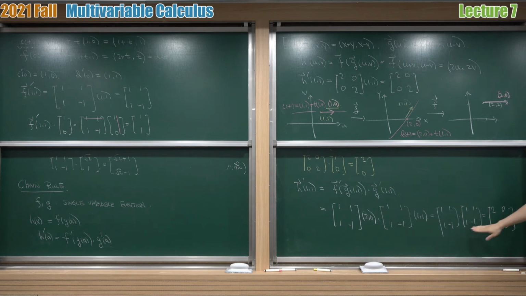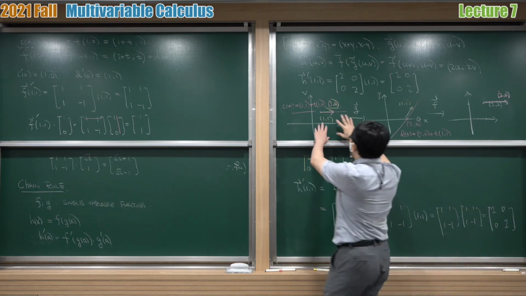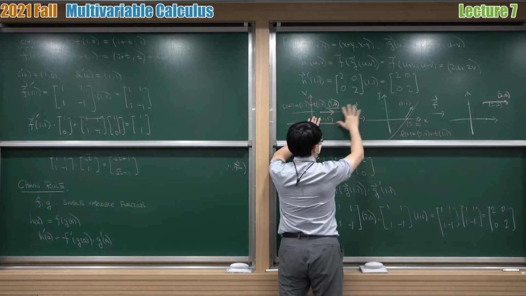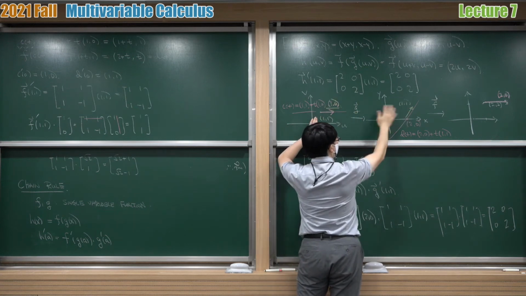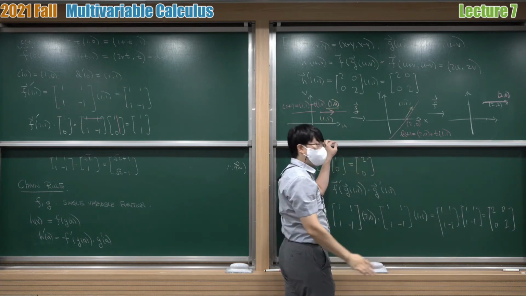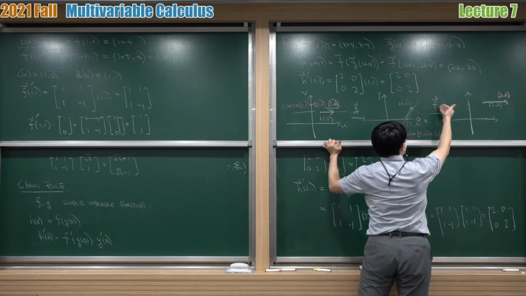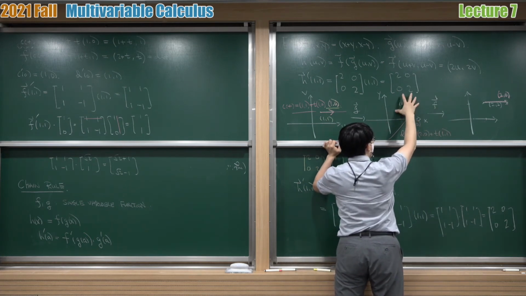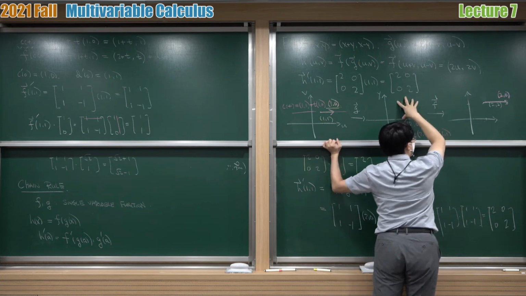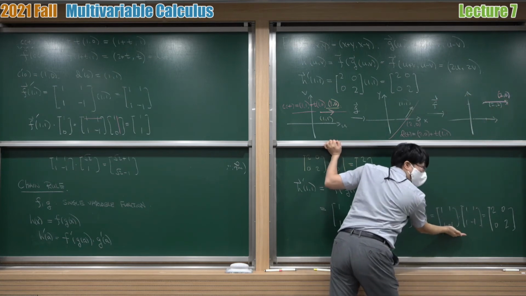So you have to understand why this multiplication gives the derivative. We actually did compute the translation of this vector to this vector using the derivative of g. That's in here. And then we take the derivative of f by translating the vector from here to here. That's the matrix here.